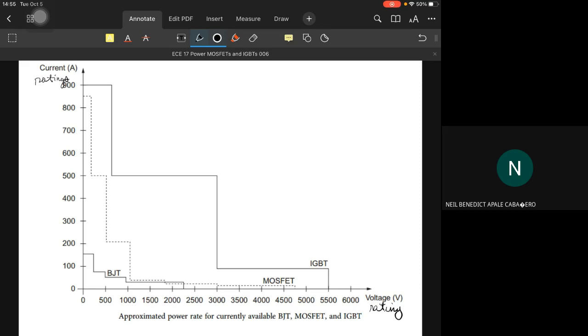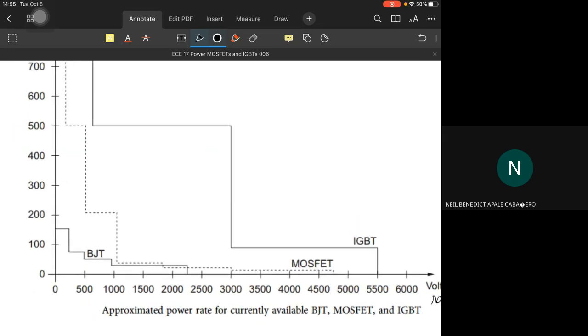So just for comparison's sake, what if ang atong application is 3,000 volts, no? We need control device, no? Switching devices that could handle 3,000 kilovolts.